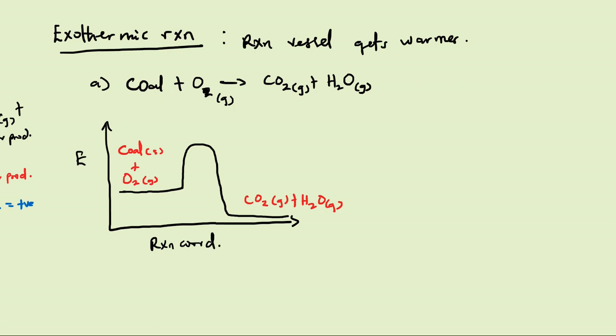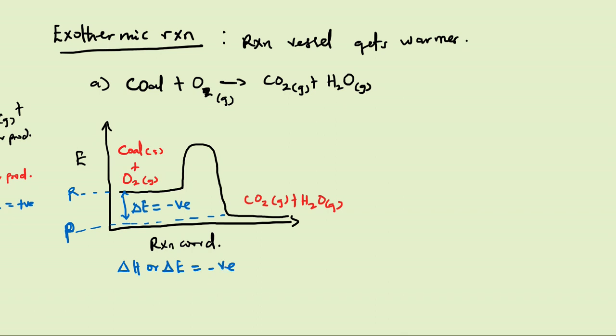Okay, so if we look at the energy of the product relative to the energy of the reactant, this is reactant and this is product. We observe that the delta E for this reaction would be negative because the product is at lower energy pedestal compared to the reactant. Okay, so delta E or delta H will be equal to negative.